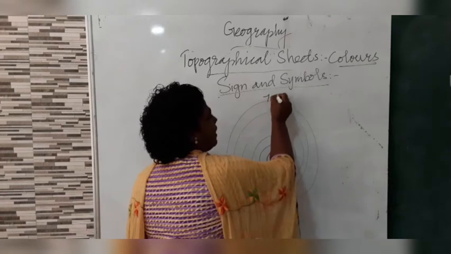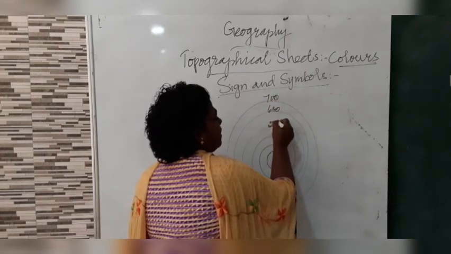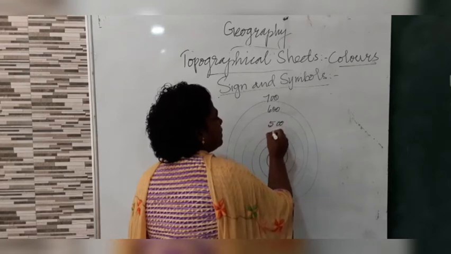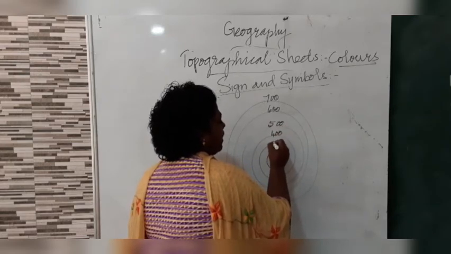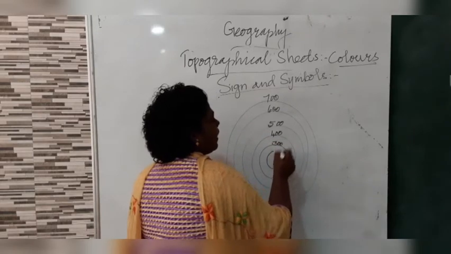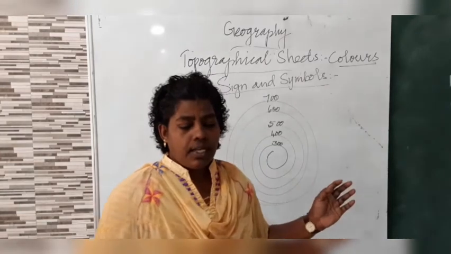For every contour line there will be a number given. So every height, even if the elevation is very high, we can mark with the help of the contour lines. This is about contour lines.